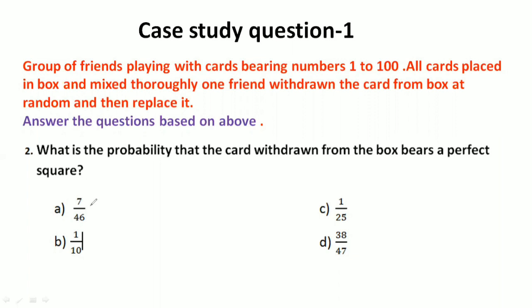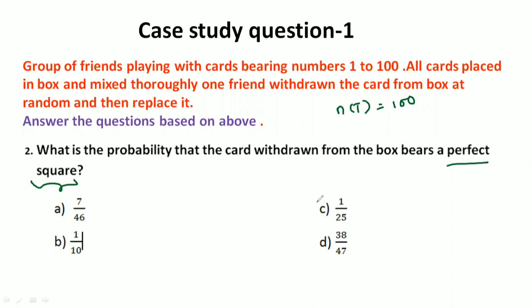We need to find the probability that the card withdrawn from the box bears a perfect square, meaning the number on the card is a perfect square. We know the total number of outcomes is 100, because there are 100 numbers here, and we need to find the favorable outcomes. Our event is the perfect square.